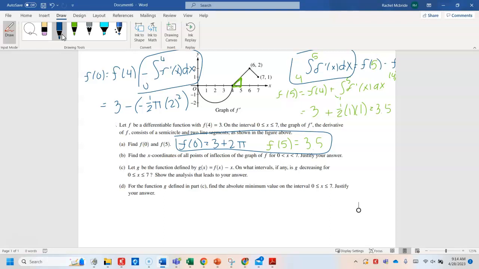A point of inflection on f will be at an extrema of f prime. So I'm looking at this graph and I am looking for extrema.